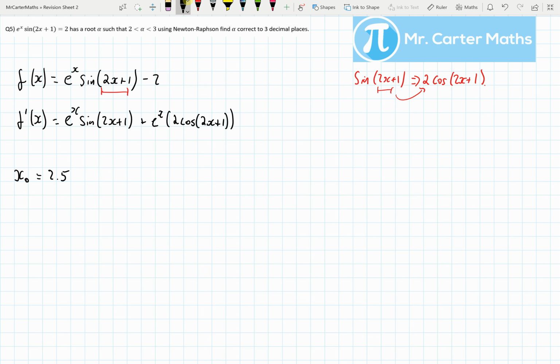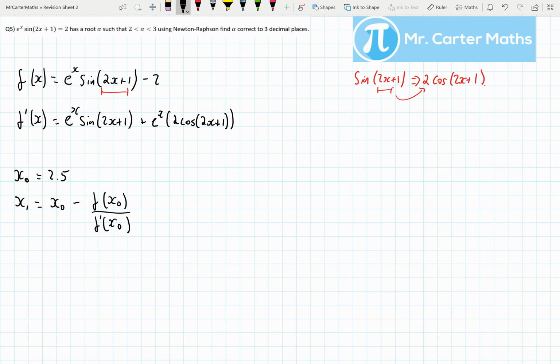And then with Newton-Raphson, to find your next iteration, you take your previous iteration minus f of your previous iteration over f dash of your previous iteration. And then you repeat that a few times to get your different values.